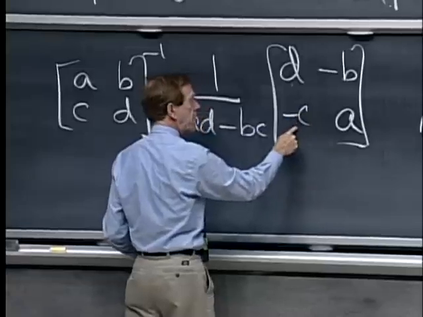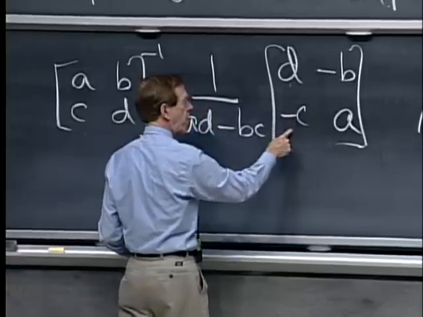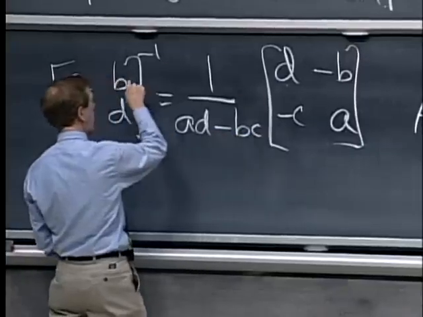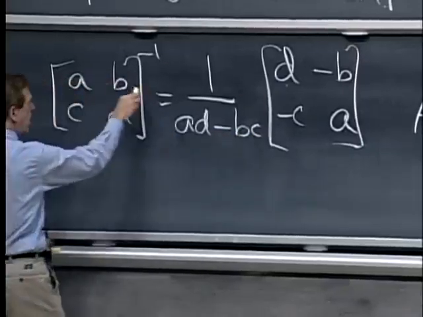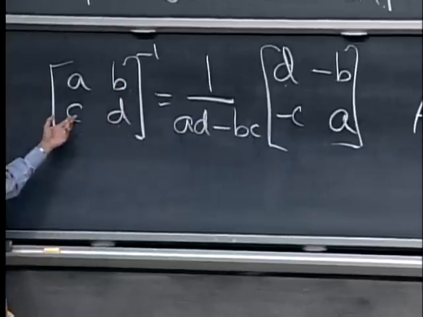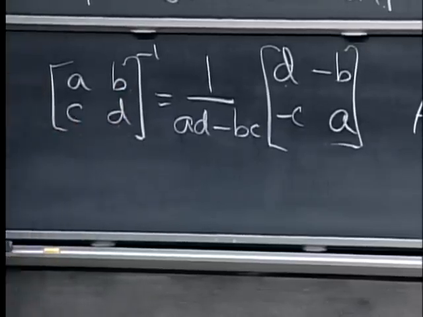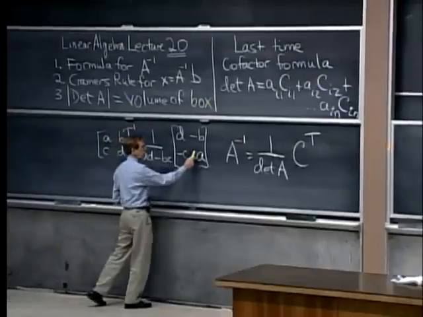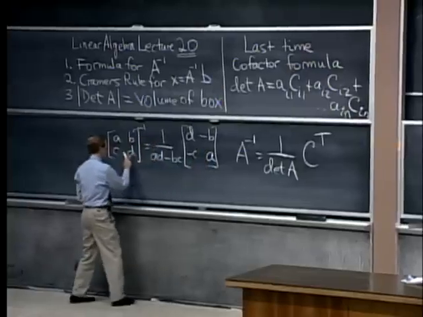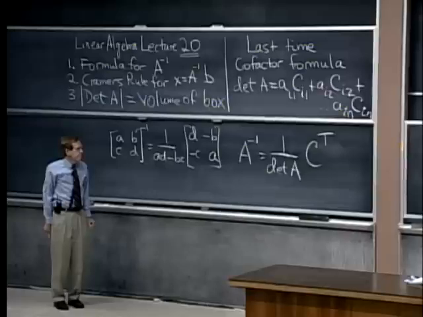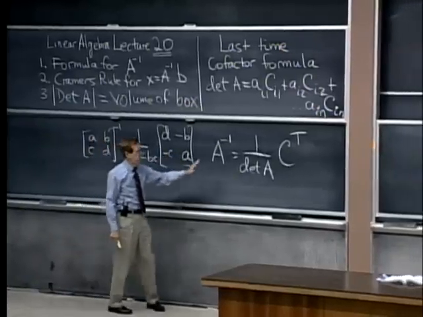What I see here is the cofactor, not of this one, because I've transposed. This is the cofactor of the B. When I throw away the B row and the B column, I'm left with C, and then I have that minus sign again. And, of course, the 2, 2 entry is the cofactor of D, and that's this A. Okay, so there's the formula.